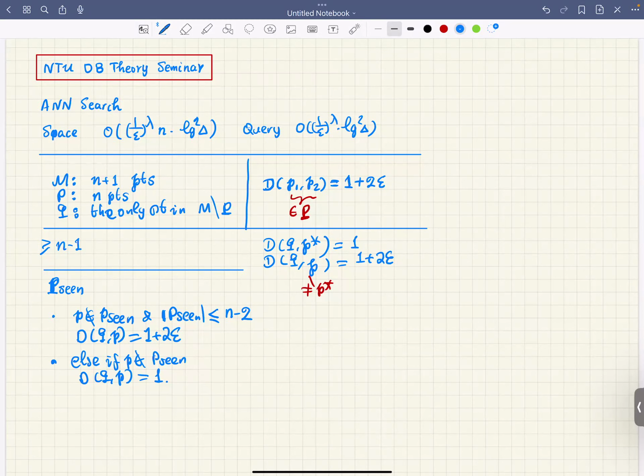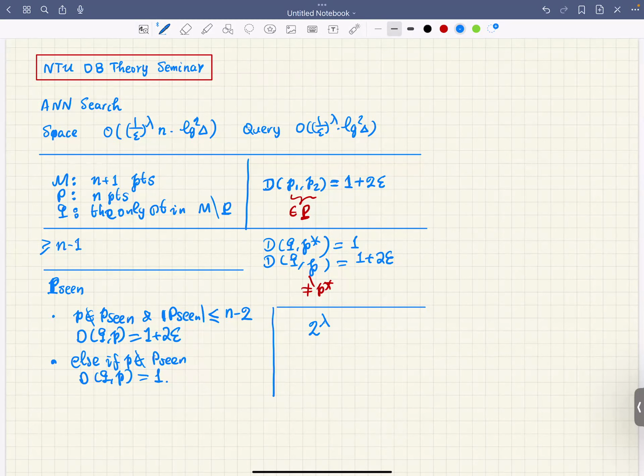You are in a position to analyze what's the doubling dimension. I will skip this analysis because I think it is pretty easy for you, and I'm sure you can take time to figure that out. But if you look at it, you will see this 2 to the power of lambda. Basically, if you have a ball of radius r, how many balls of half the radius will be needed to cover that ball?